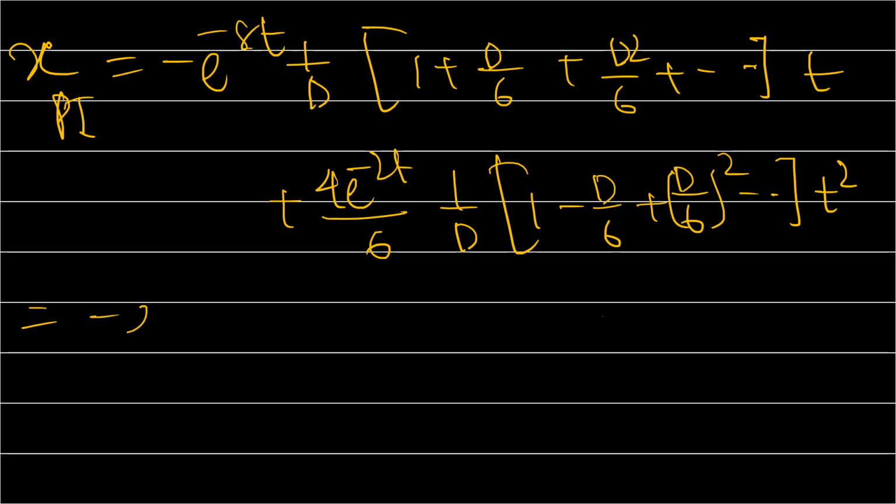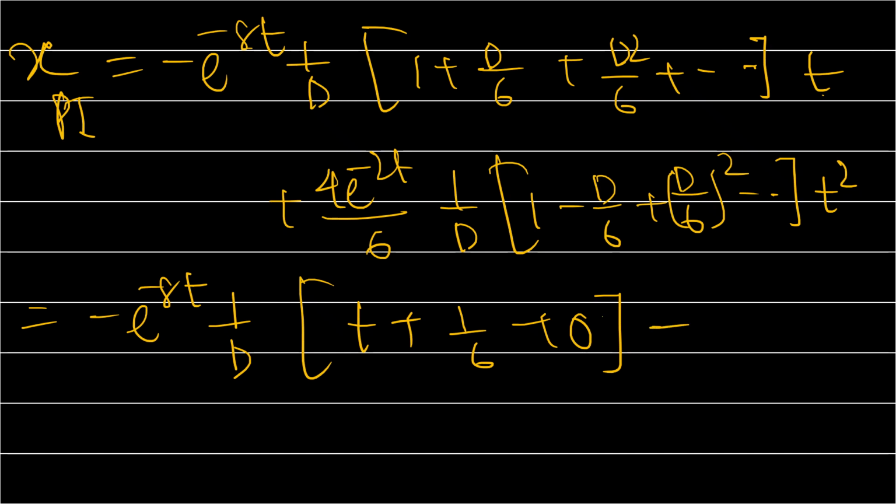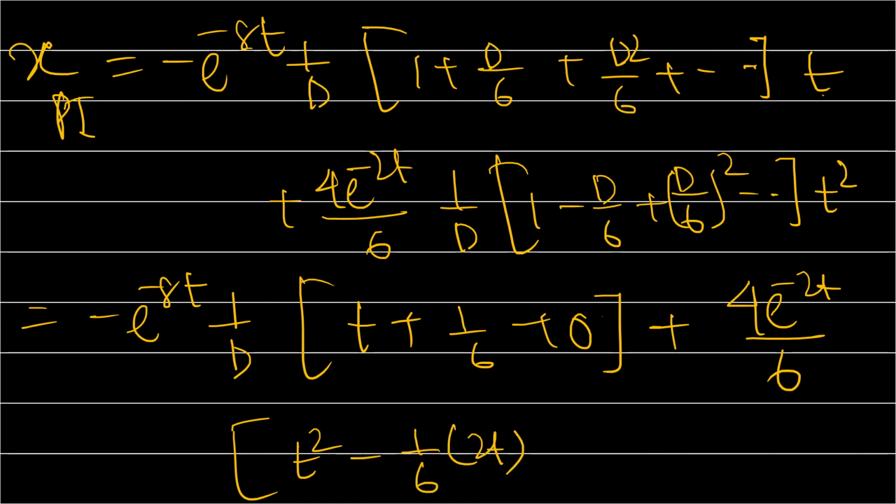So this is minus e to the power minus 8t, 1 by D into, by putting the D inside the bracket, it will be t plus derivative of 6 and then 0, plus 4 by 6. You can write 4 by 6 as 2 by 3, or you can just write 4 e to the power minus 2t by 6. Now it will be t square minus 1 by 6 times 2t plus 1 by 36 times 2, plus 0.